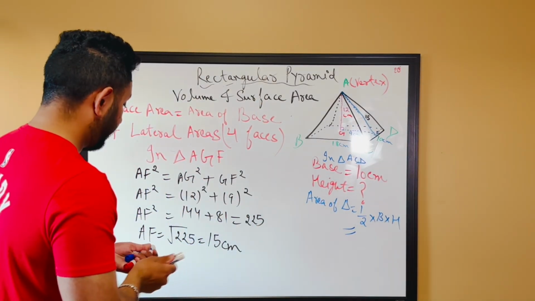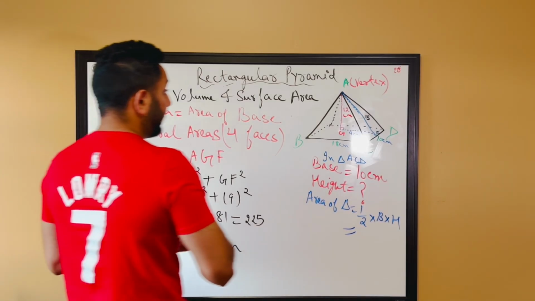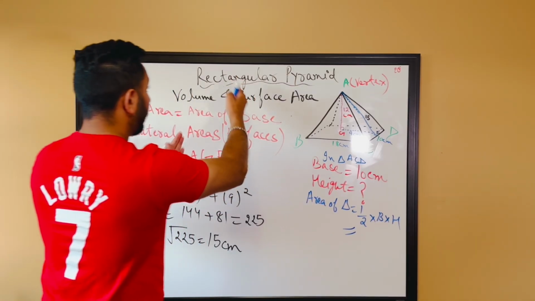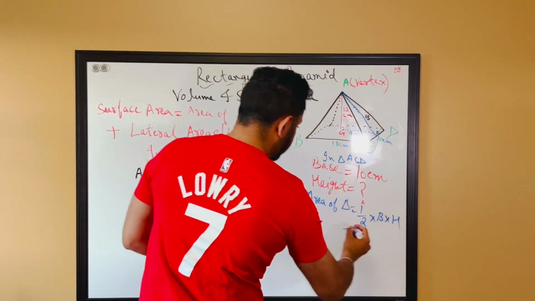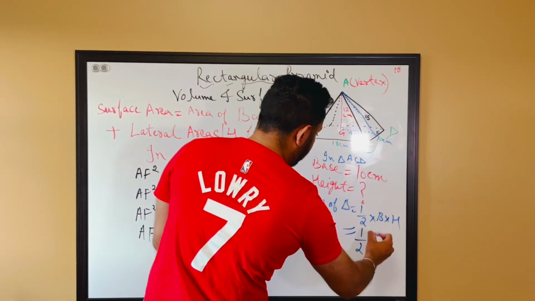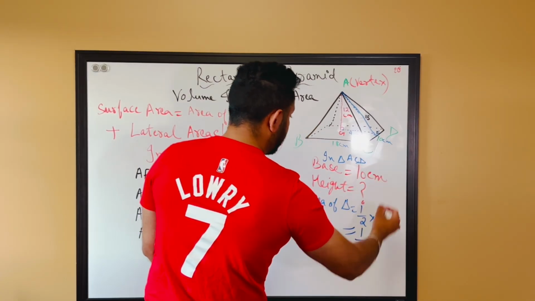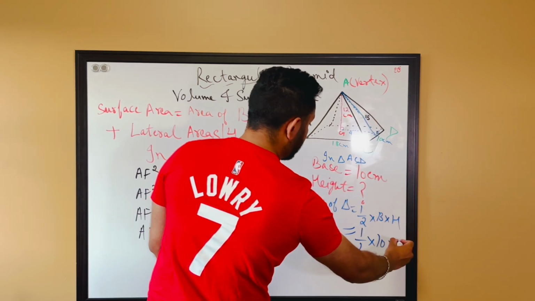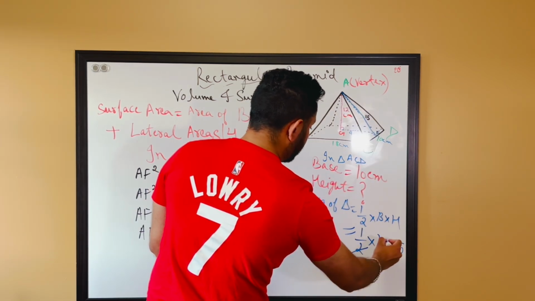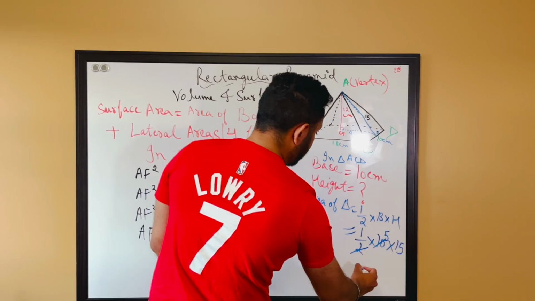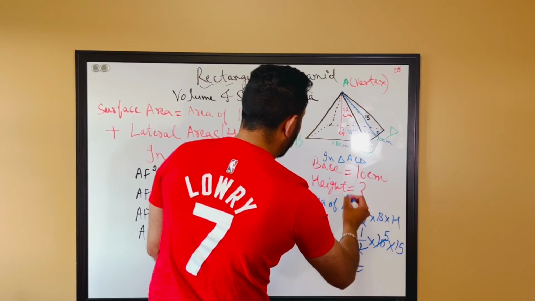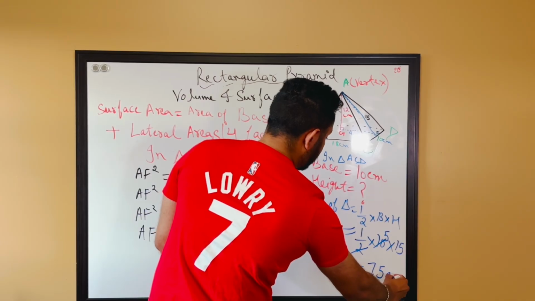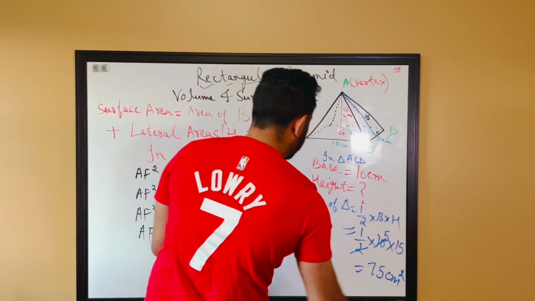So now we can easily find out the area of this side face of a rectangular pyramid, which is half. What is base? Here 10, and height 15, so the area of triangle ACD is 75 centimeters square.